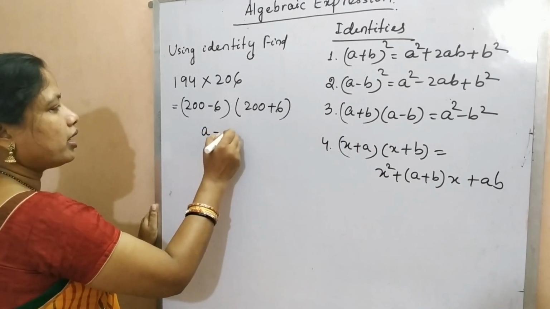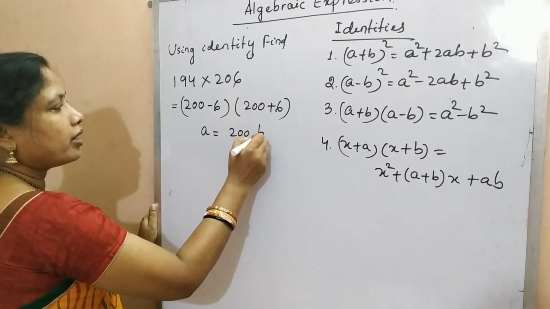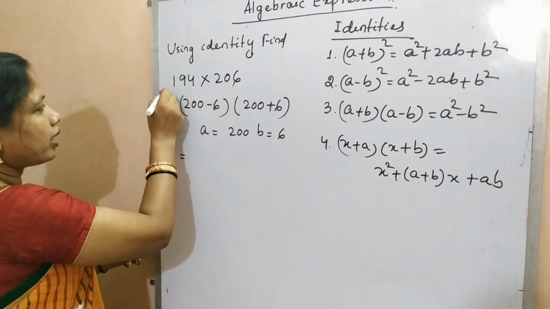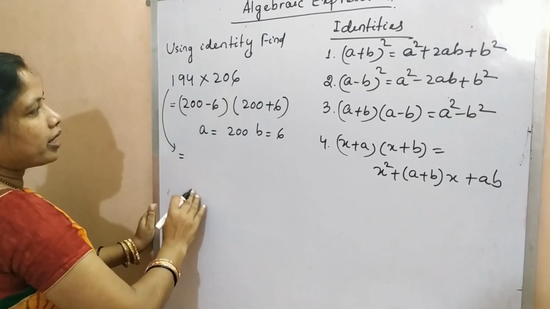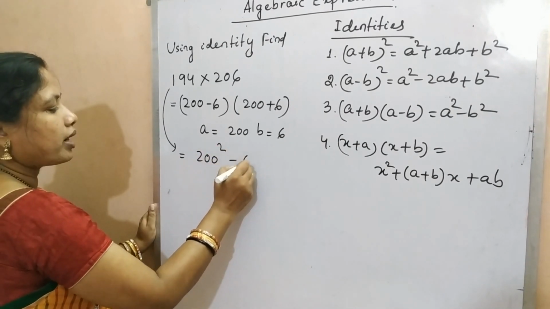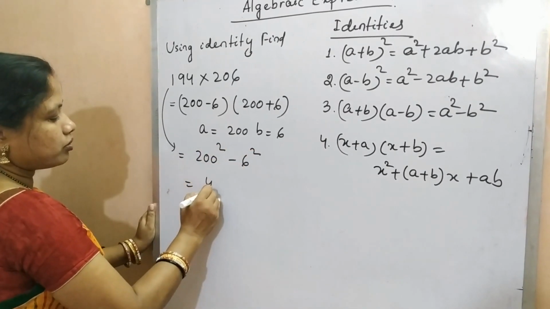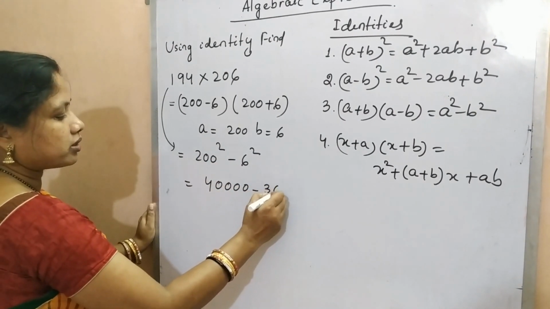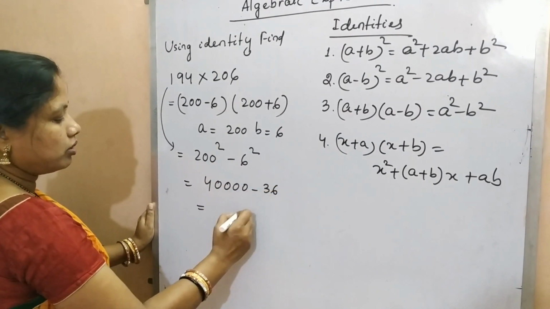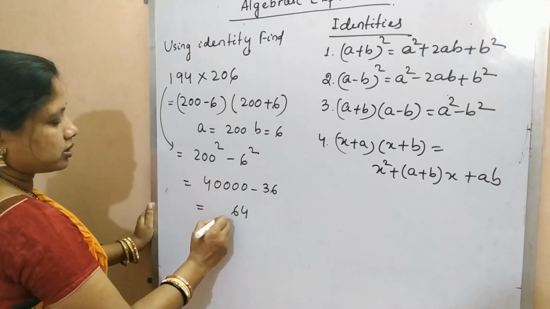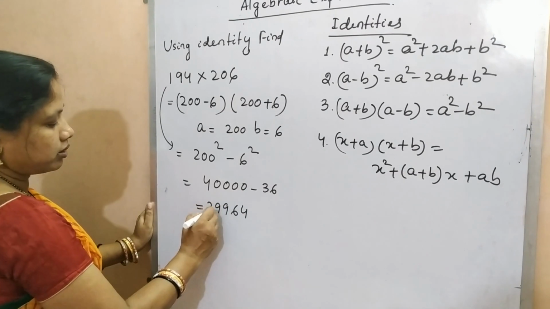Here a is equal to 200 and b is equal to 6. So 194 multiplied with 206 is equal to 200 square minus 6 square, which is 40,000 minus 36, so this is equal to 39,964. So this is the answer.